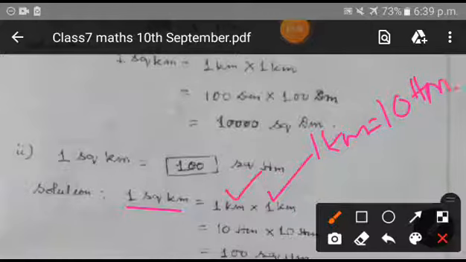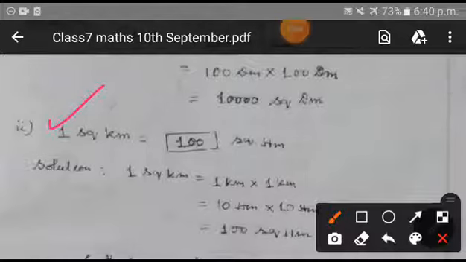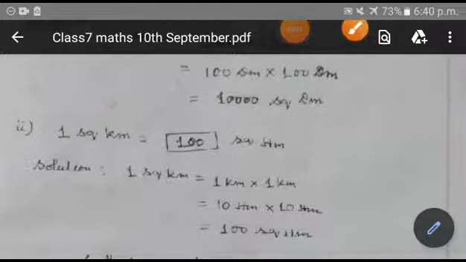So 1 kilometer means 10 hectometer into 10 hectometer. Now you are multiplying 10 into 10, that is 100 square hectometer, right? So finally we are getting 1 square kilometer equals to 100 square hectometer.